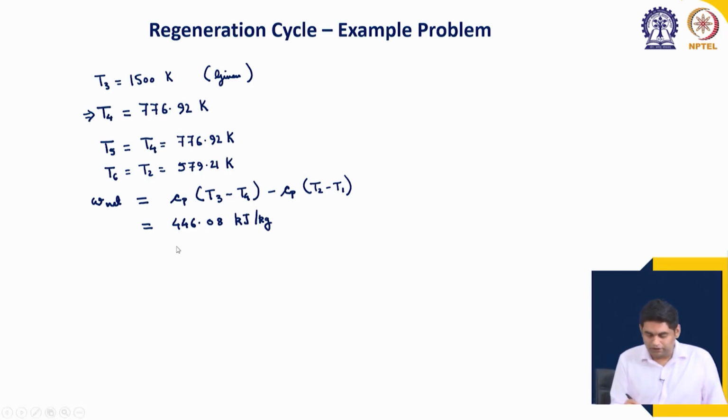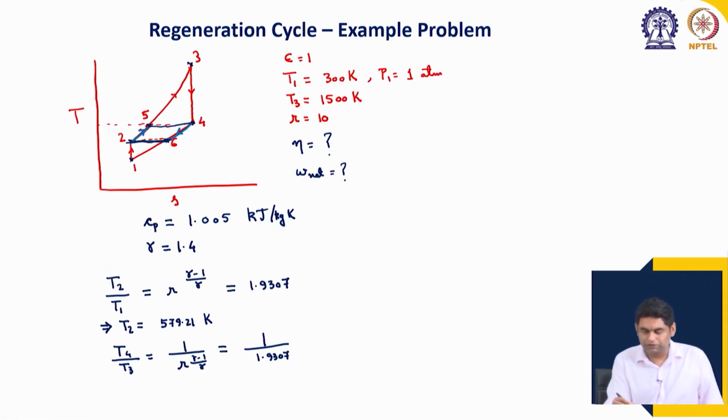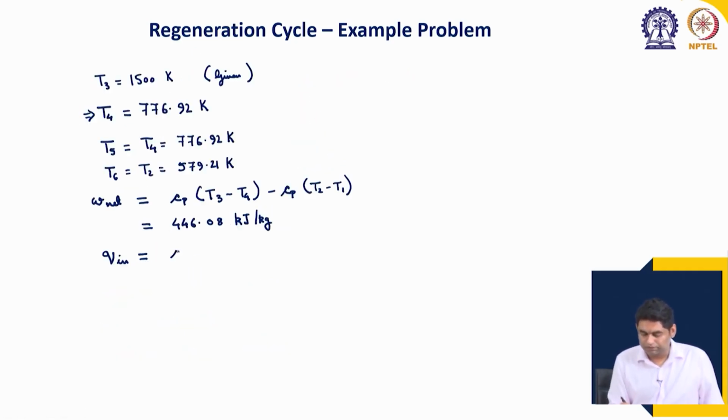Now, what about the heat input? Heat input is going to change. Heat input should be equal to Cp into T3 minus T5. So, now the heat input is from 5 to 3 instead of 2 to 3. We know the value of T3, Cp is 1.005 kilojoule per kg Kelvin.